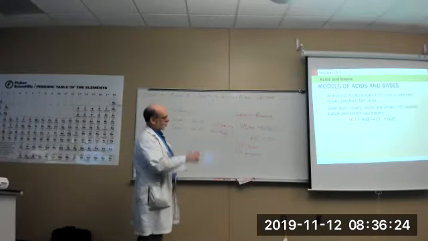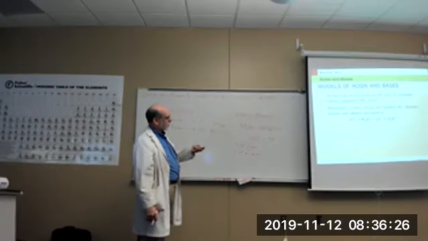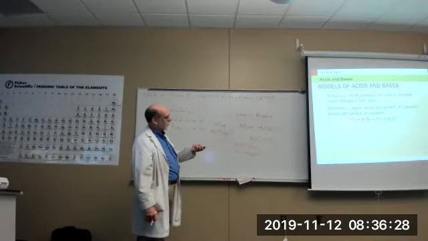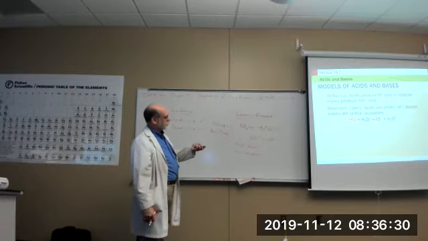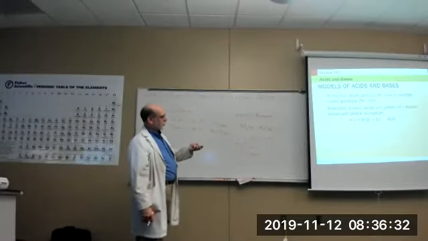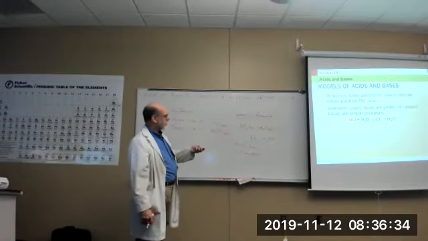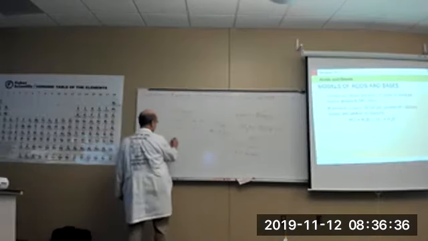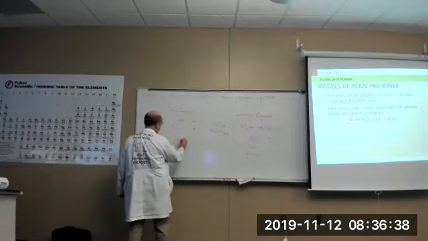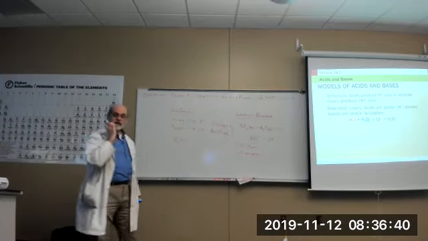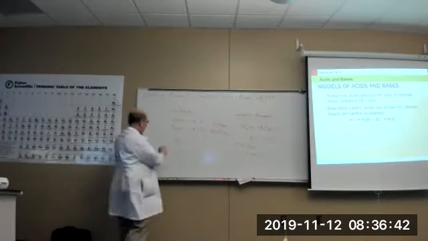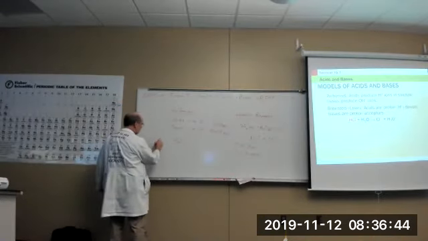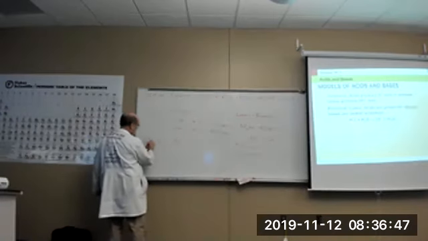So there's an example. Hydrochloric acid donates a proton to water, and that gives you chloride ion plus this ion right here. So what is that ion? It picked up a proton by reacting with water. Right?